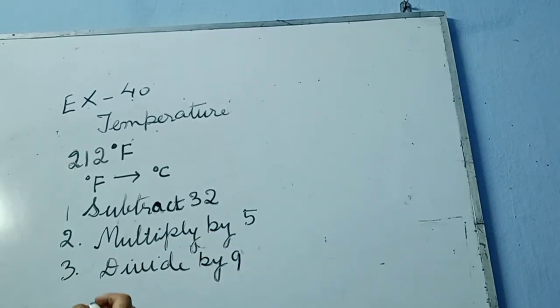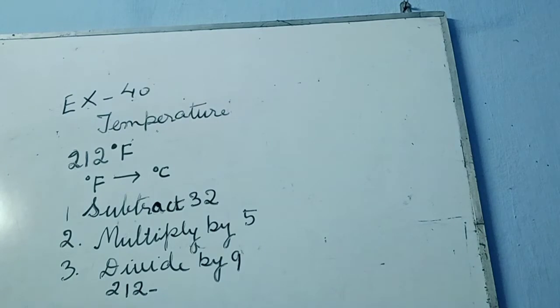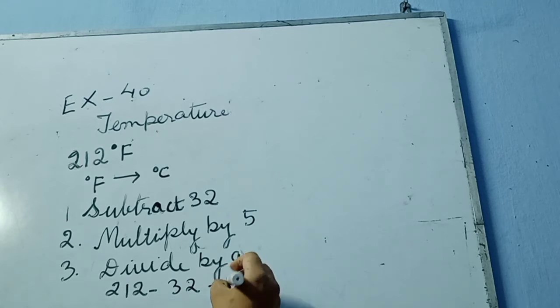So subtract 32, what we have to do? 212, which we have got in Fahrenheit, we are going to subtract 32 from that. After subtracting, we are going to get 180. Now what will we do?